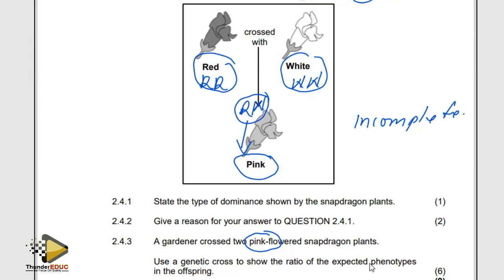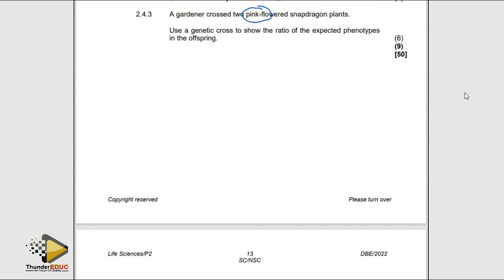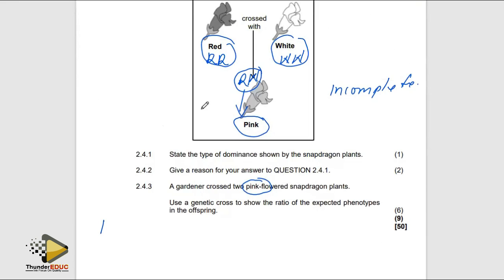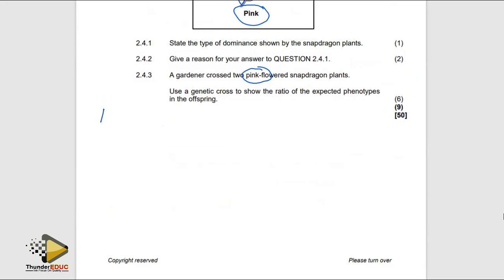So when you're talking about the genotype of pink, we have to use this. So what are you supposed to write? The first thing you need to do is, because it is a second generation we are crossing, it is advisable to use P2.